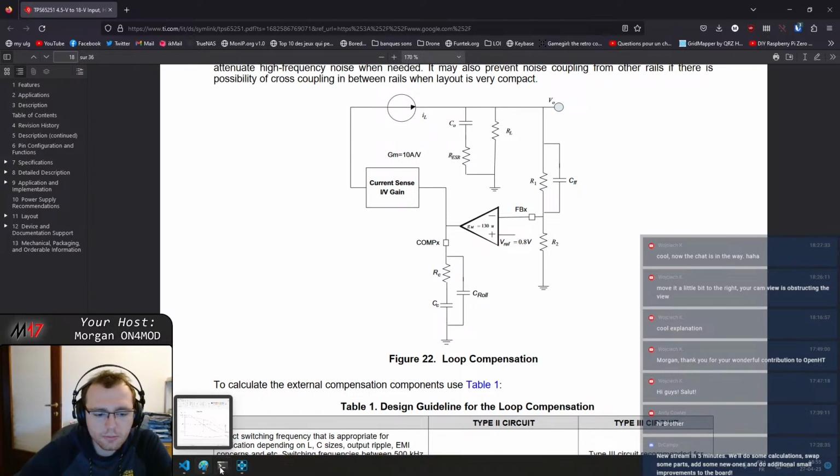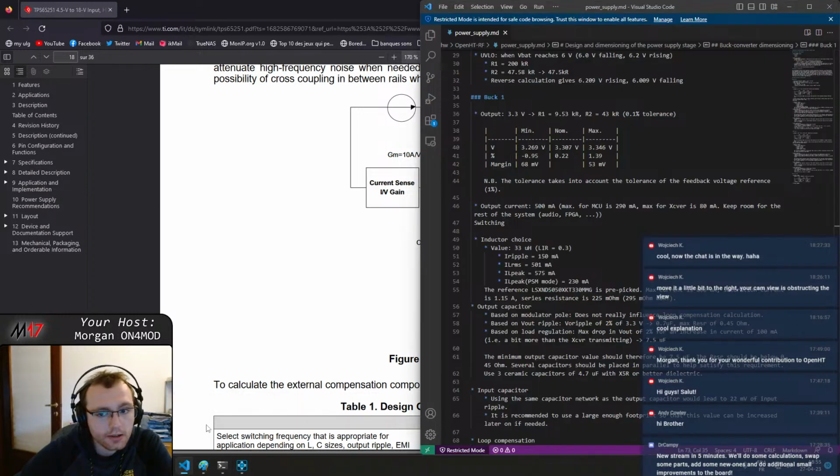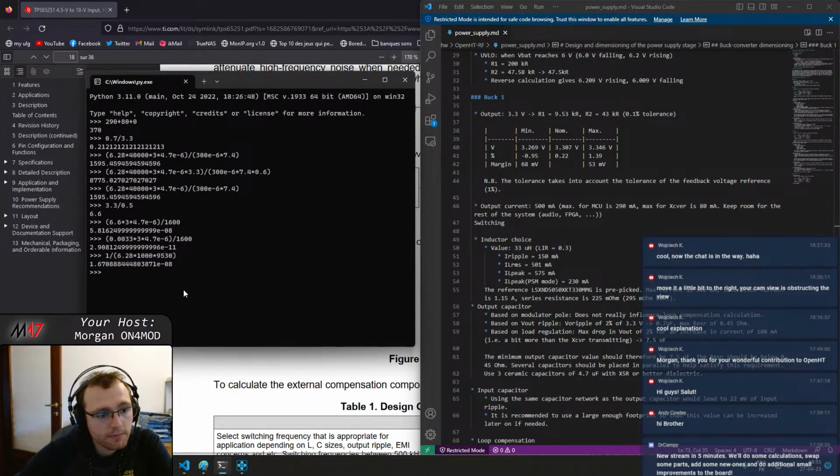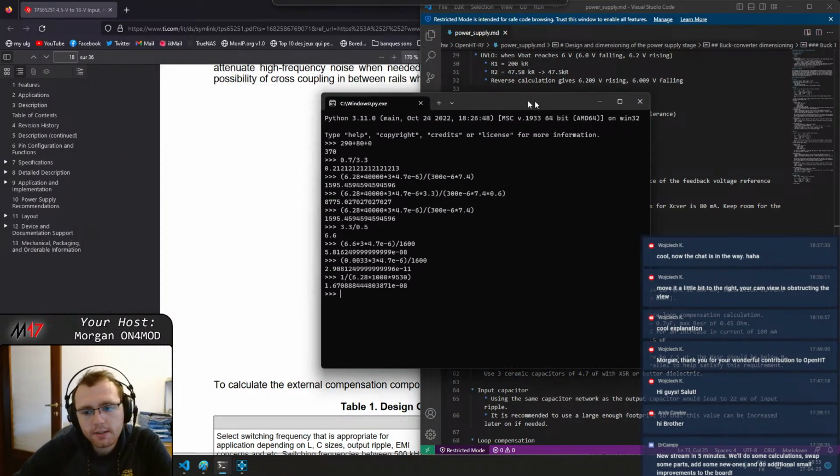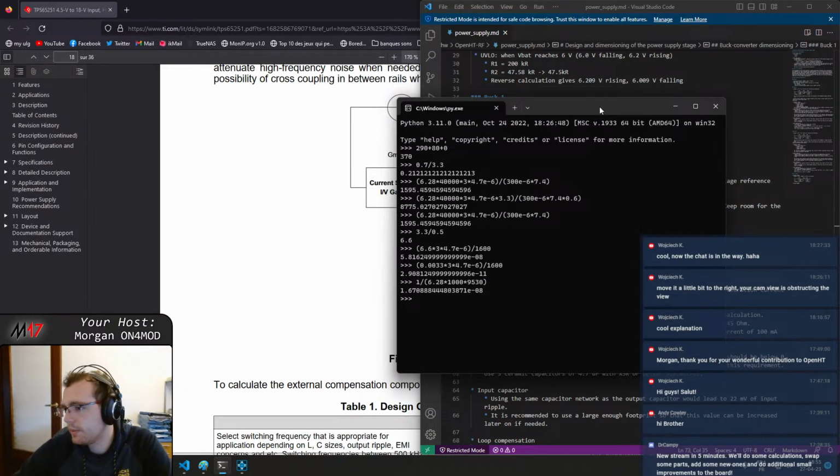So that brings me to the value that I must pick, which is 16 nanofarads, which I'm gonna try to double.